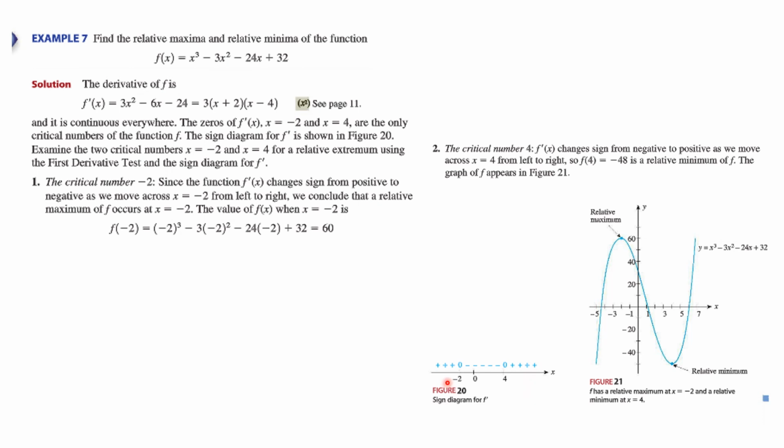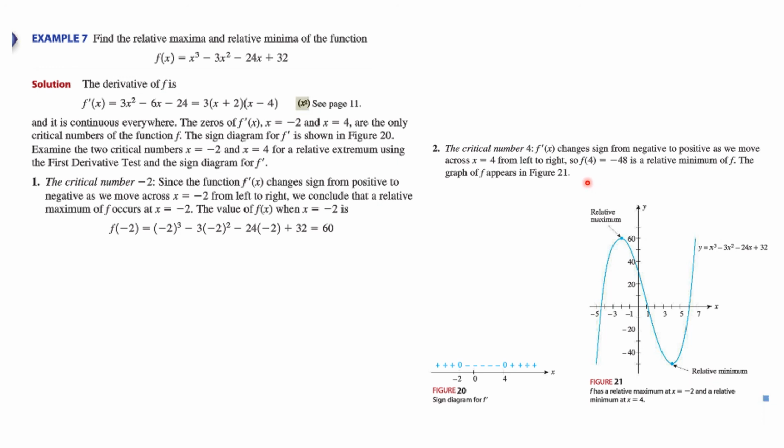So that means that here you go from positive to negative. That means it's a positive slope to a negative slope. It's a relative max. Here at 4, it goes from a negative slope to a positive slope. That means it's a relative min.